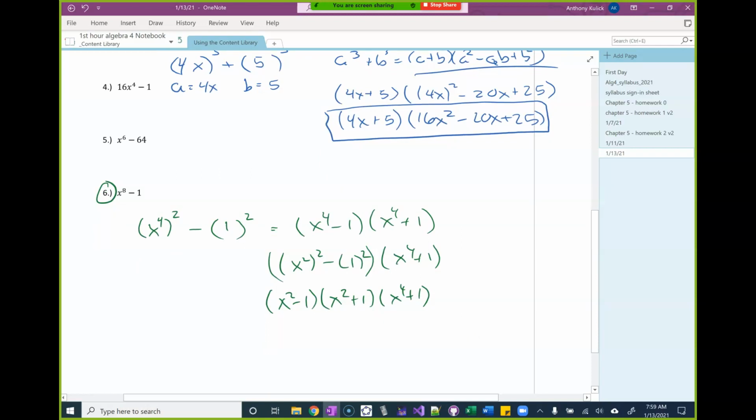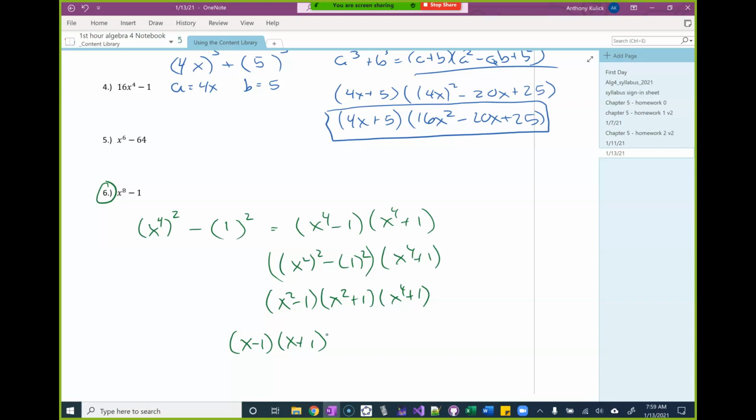But now I need to check the x squared minus 1 and the x squared plus 1 to see if those are factorable. The x squared minus 1, is that a difference of 2 squares? Well, that certainly is, and that's easy to see. That would have been a problem like we would have done in chapter 4. That's just going to be x minus 1 times x plus 1. X squared plus 1, is that a difference of 2 squares?